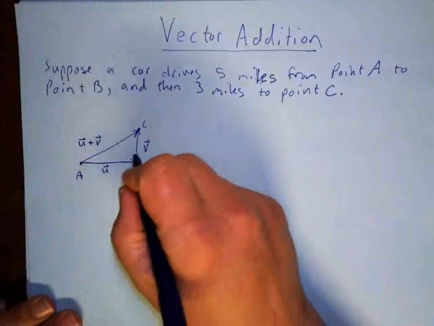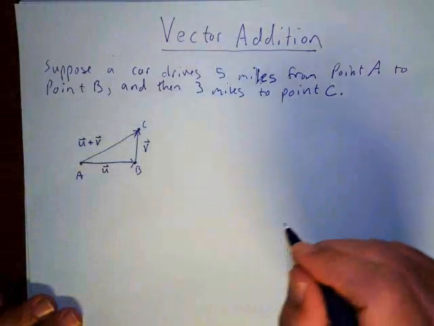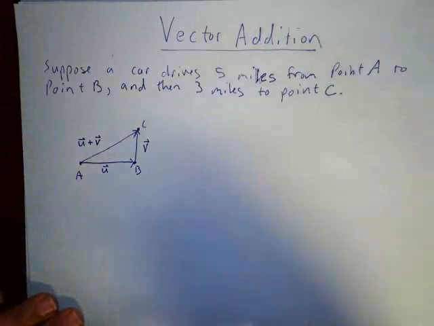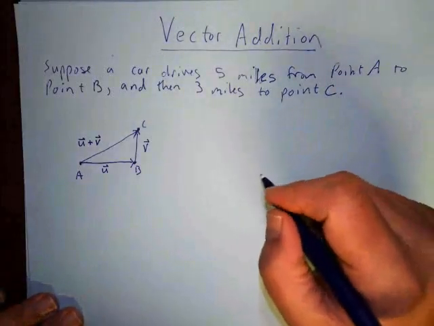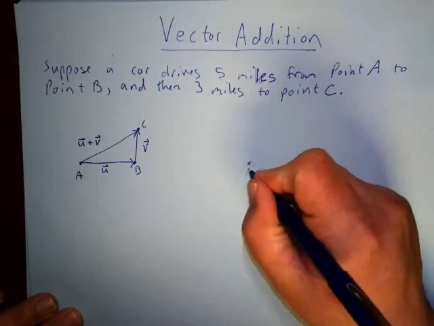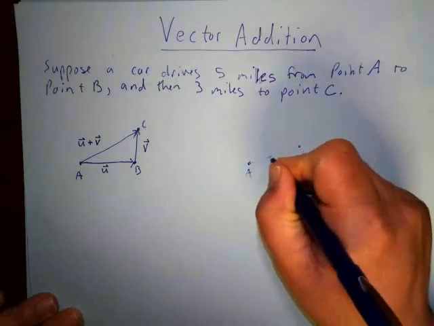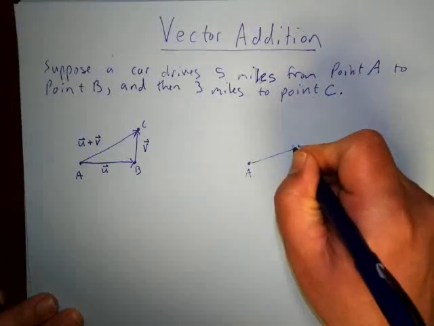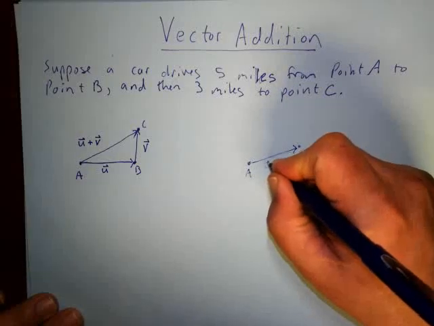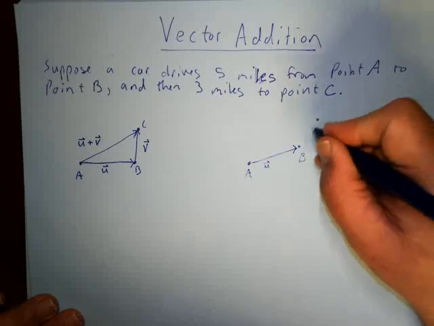We'll actually do this in a second, but let me generalize this now to two different vectors. Let's say here's point A and point B, like that. And that's 5 miles from A to B. And that's U. And then we can say that C is over here.